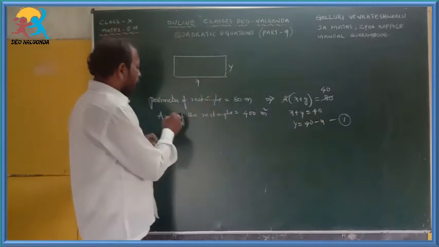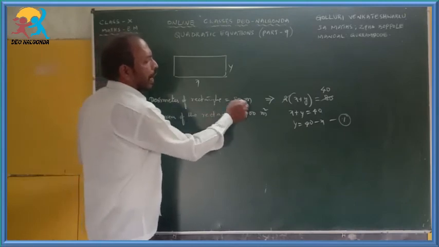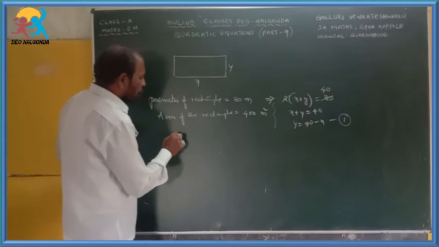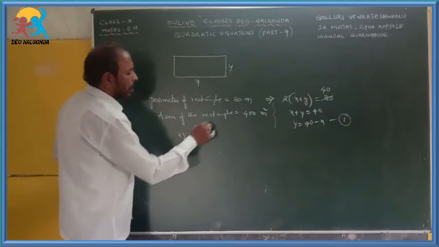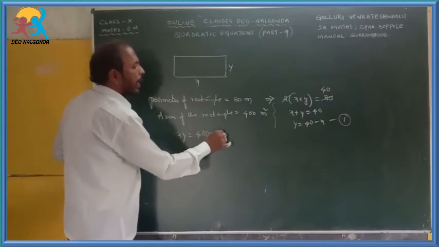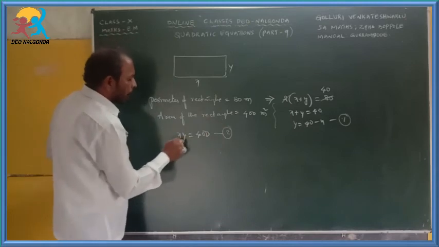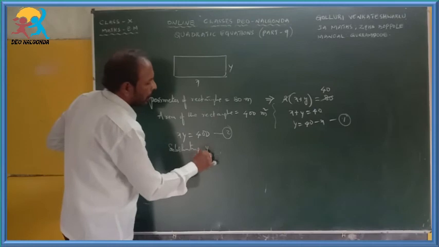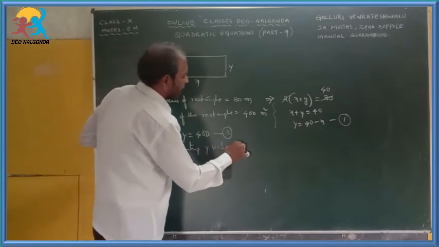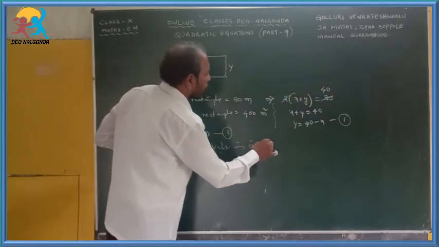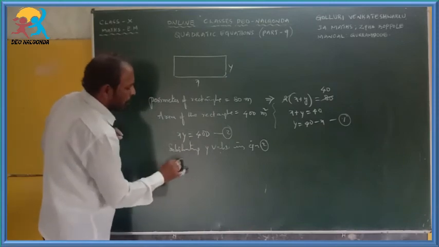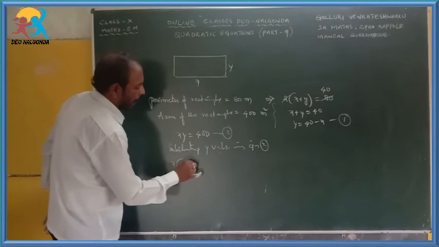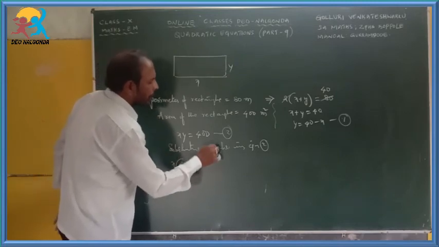And next case, area of rectangle is equal to 400. Area of rectangle formula: length into breadth is equal to 400. Now here it is the second condition. Substituting y value in equation 2, x into (40 minus x) is equal to 400.